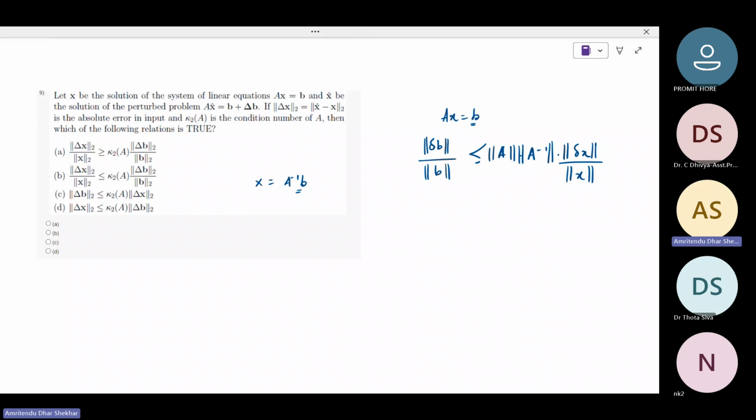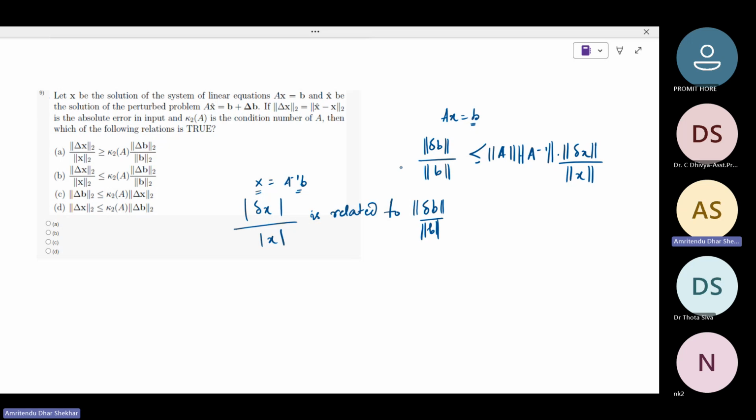And so, you know how delta x by norm of x is related to delta b by norm of b.